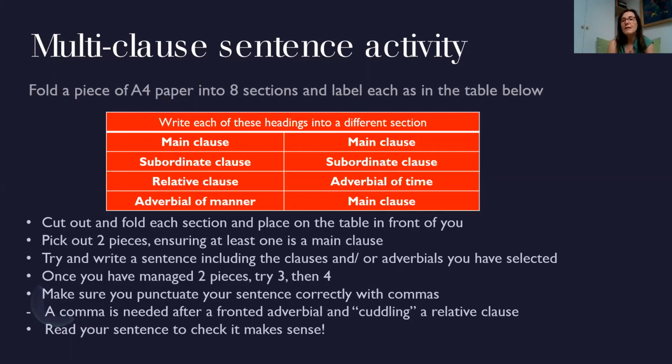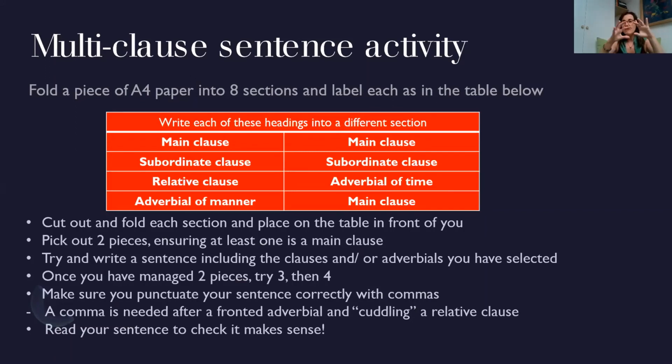For this activity, you will need a sheet of A4 paper. Fold your piece of A4 paper in half, half again and half again, so into 8 sections. Fold the creases carefully so that you can see the lines, and label each section as in the table below.